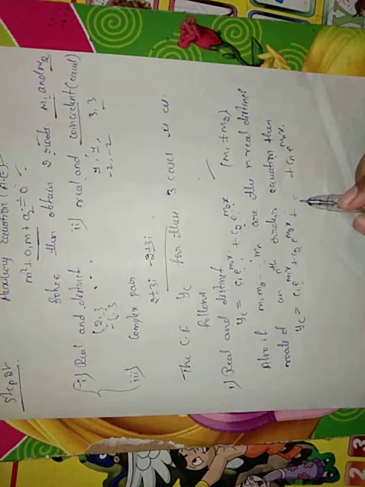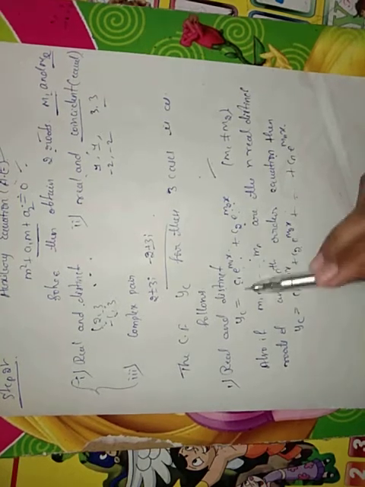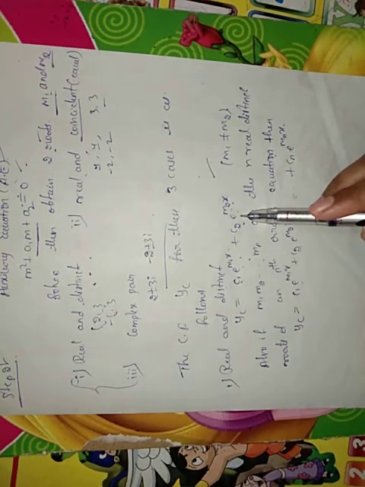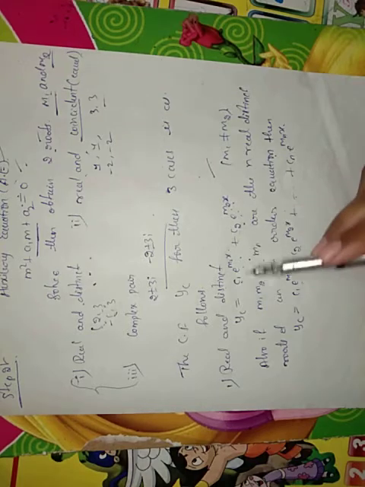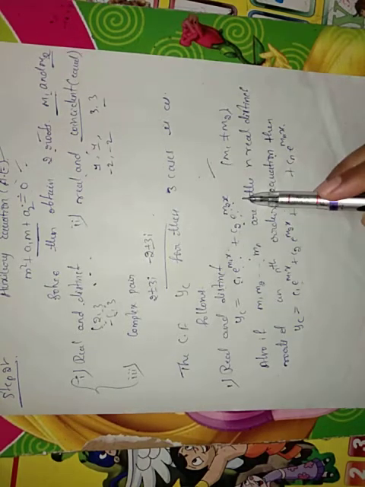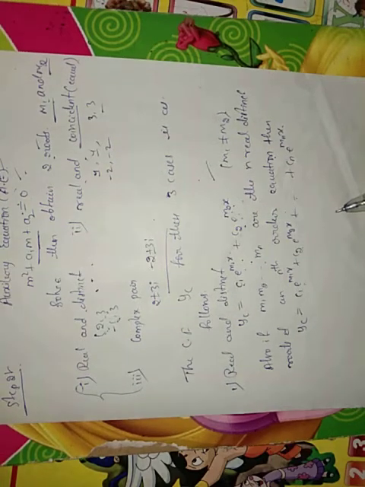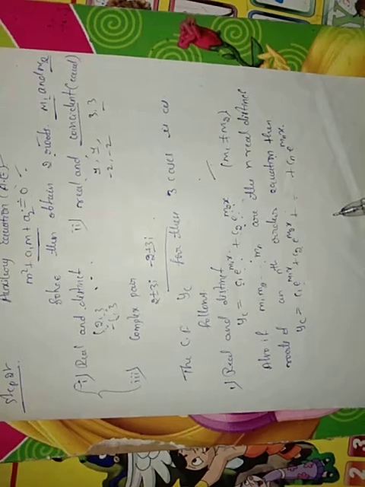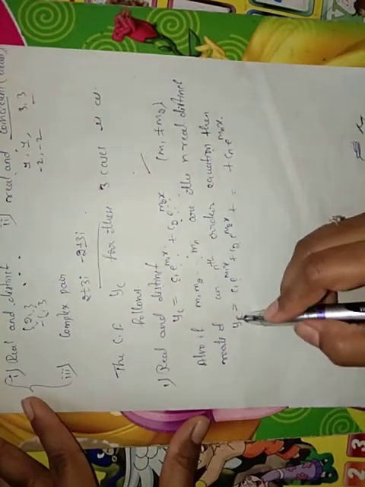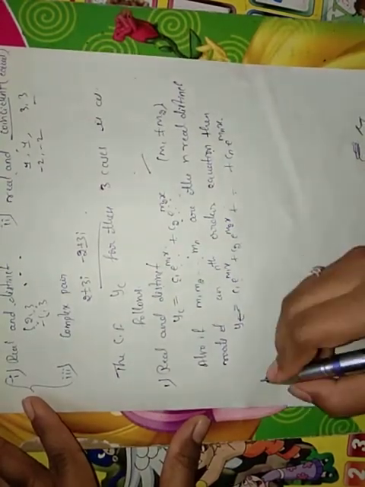If it is second order, 2 roots will be obtained and we use 2 arbitrary constants. When it is a third order equation, 3 roots will be obtained and we use 3 arbitrary constants. So that is the first procedure to write the complementary function for real and distinct roots, the general solution of an nth order equation.